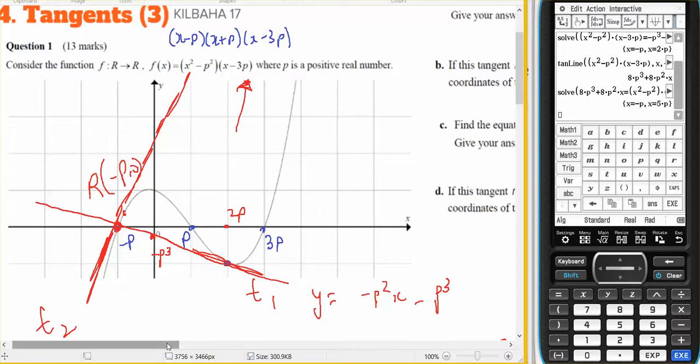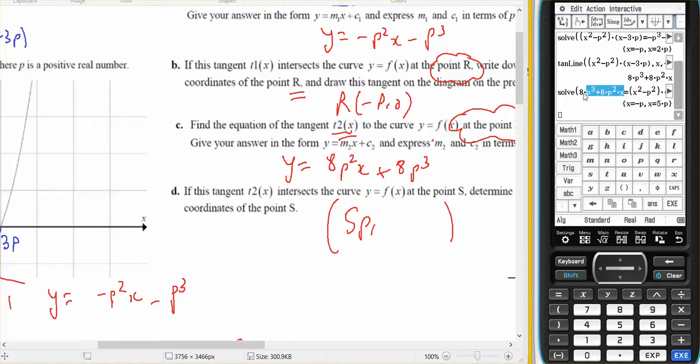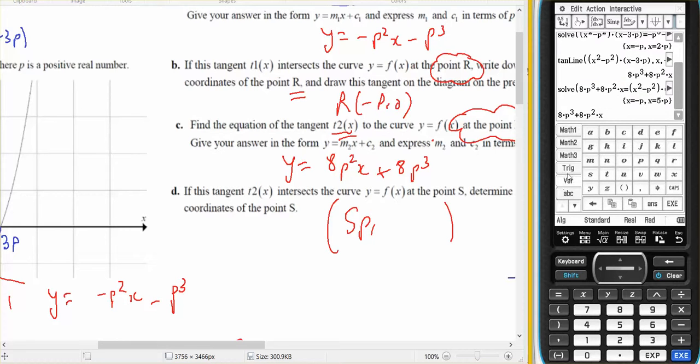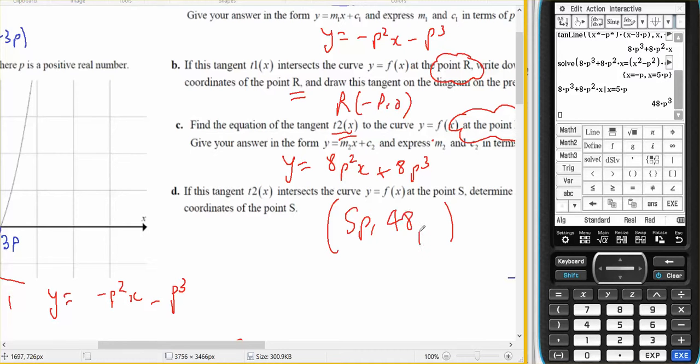So point S will be at 5p and some coordinate, and it doesn't matter which one I use because they're going to be intersecting at that point. Maths given x equals 5p gives me an answer of 48p cubed is what S is.